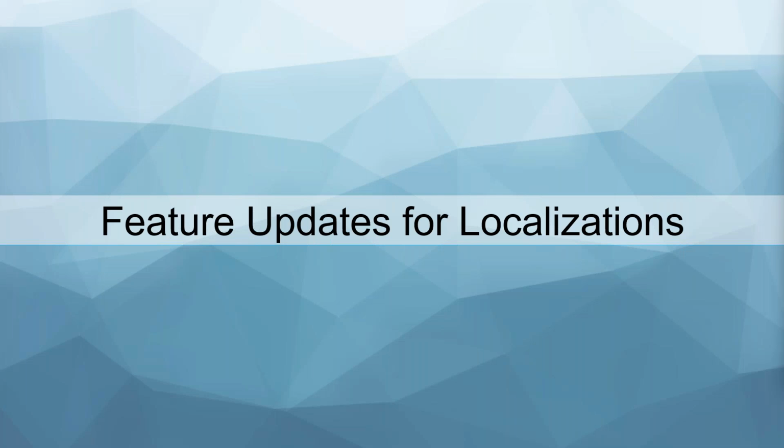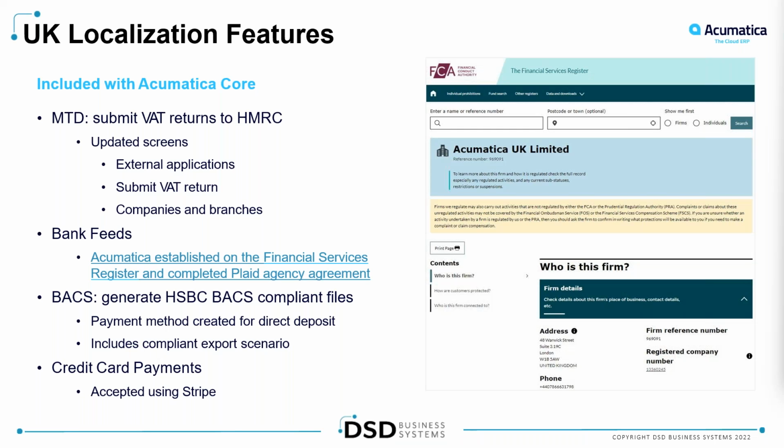Another strong feature for us coming up in this build of Acumatica and going forward is the concept of localizations. We're tending to see this a little bit more. In this case, there's UK localizations coming out and several other localizations coming, and we'll see that here on the next slide in a minute.